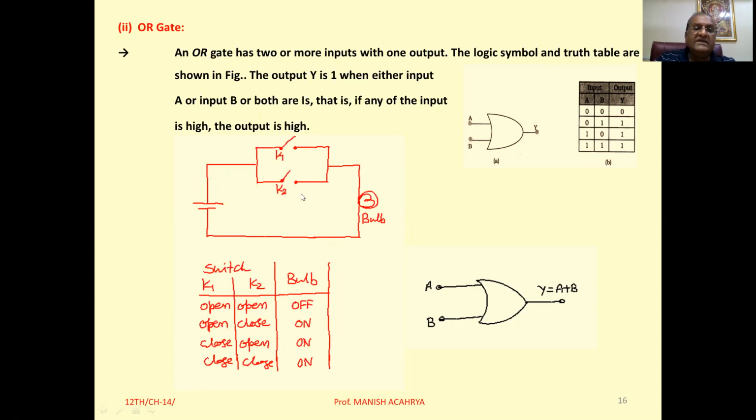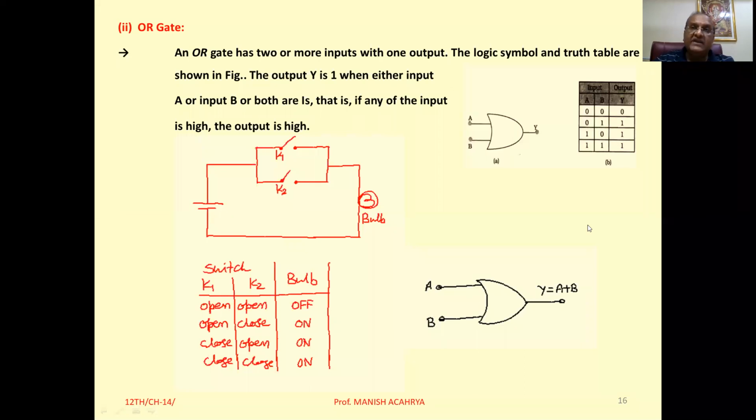If both the keys are closed, then also you will get the current through the bulb. Clear? And the bulb will glow. It implies that A is present, B is present, and you are getting output. So we can say if either or both the inputs are present, then we will get output.